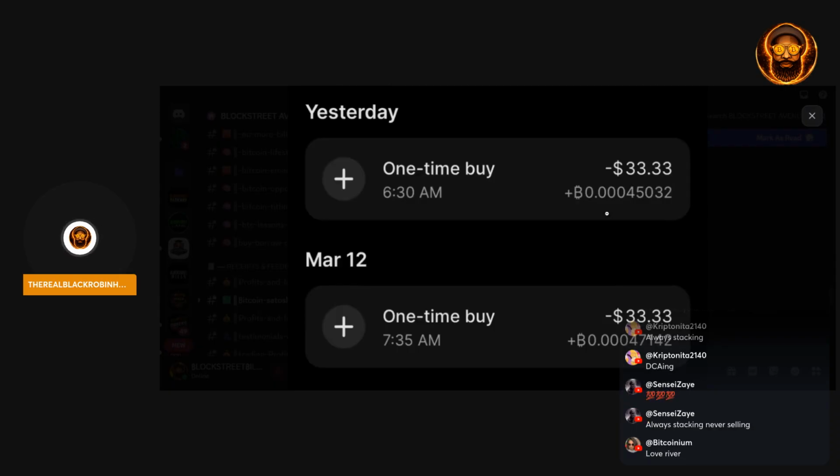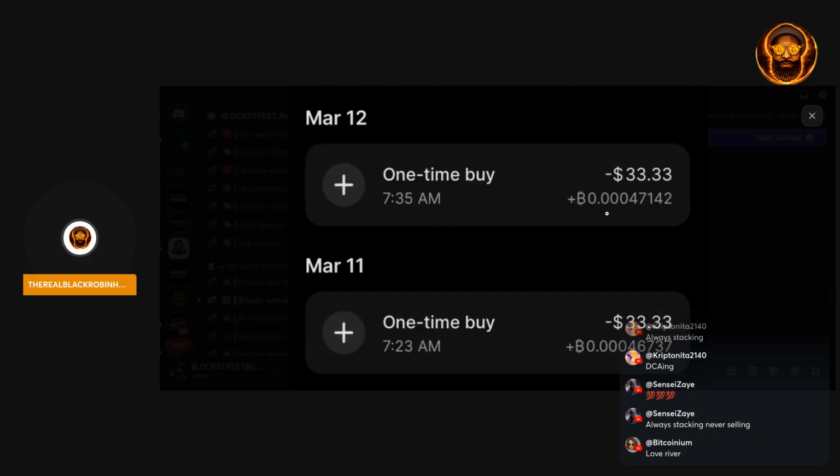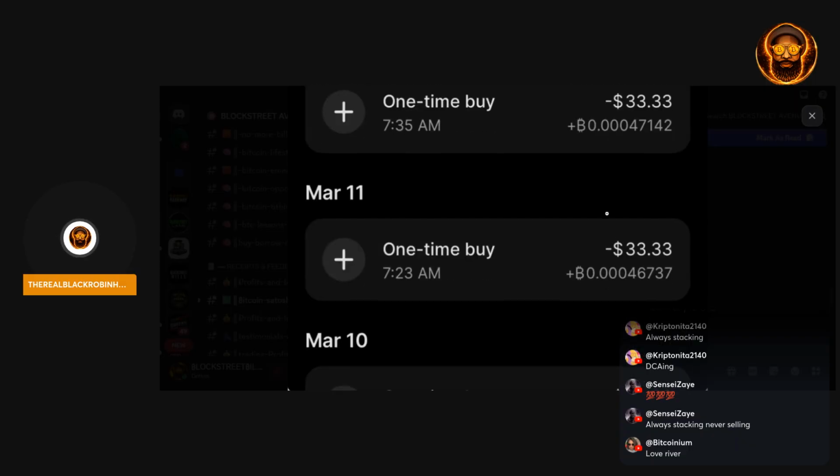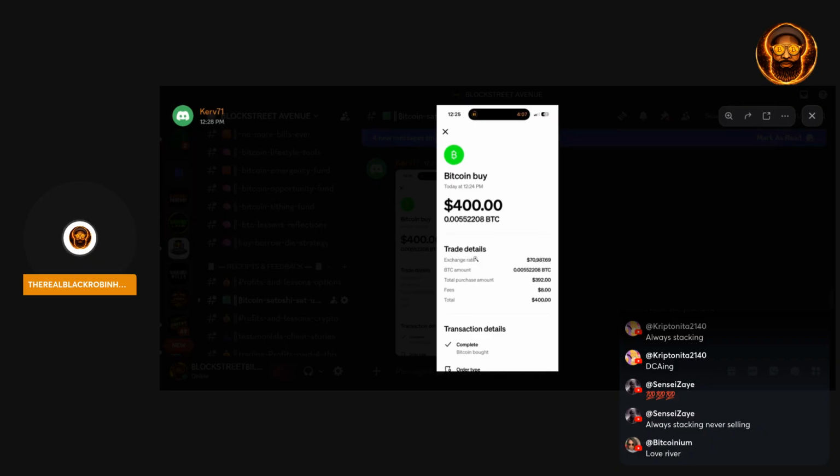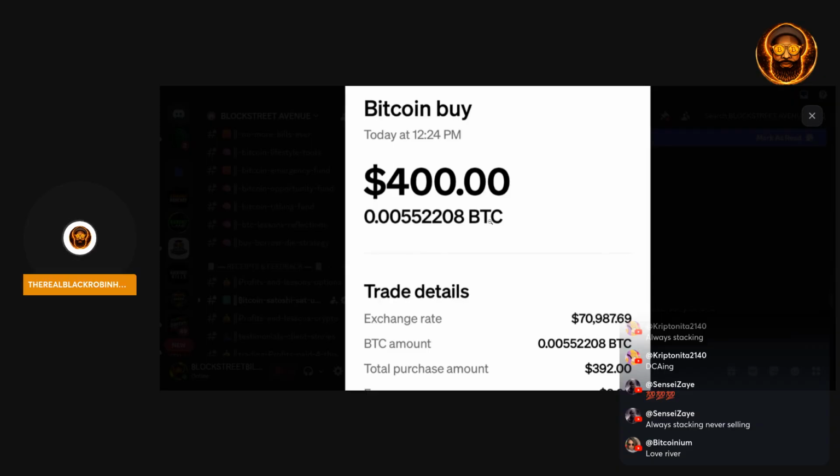Every single day, $33. Curve, you see that? Stacking sats. Today, stacked 400. Stacking sats all day.